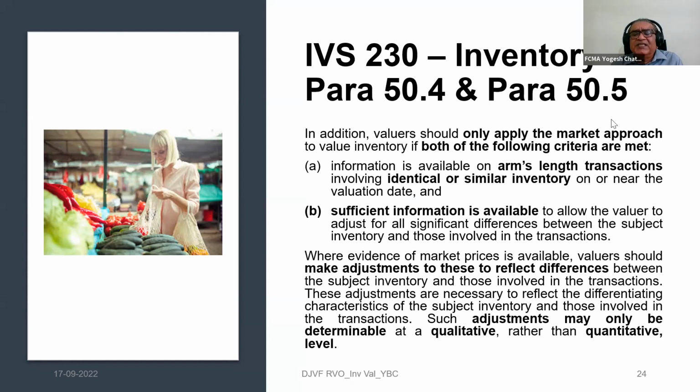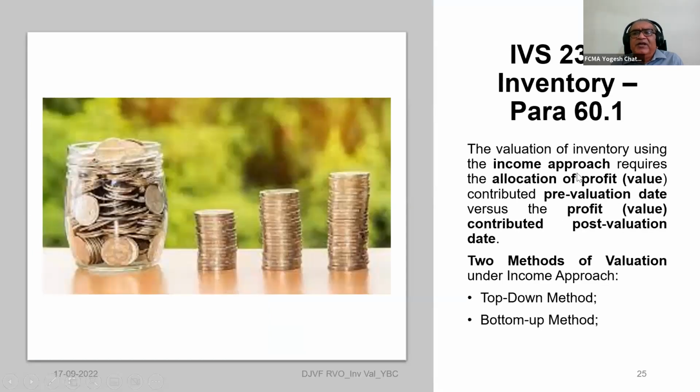Now this is para 61. Valuation of inventory using the income approach requires allocation of profit contributed pre-valuation date versus the profit contributed post-valuation date. See, it is not always that the valuation will be required at the end of an accounting period, maybe a quarter or a half year or a yearly.